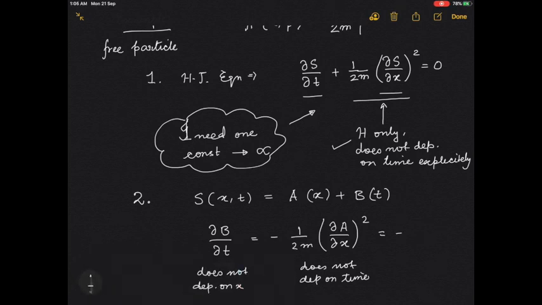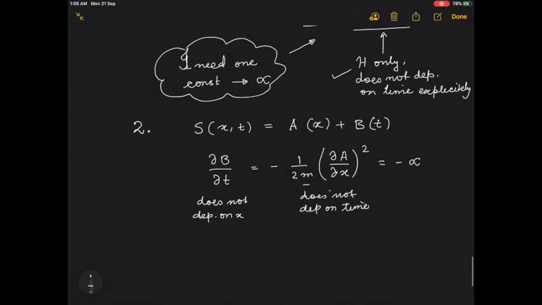So I can write the right hand side as a constant, and I write it as minus alpha just because I don't want alpha to be imaginary. My mass is real, and this is a square quantity next to the mass 1 by 2m, which is real. So I write it with minus alpha such that alpha is a real quantity.